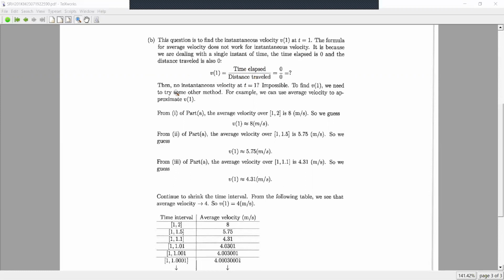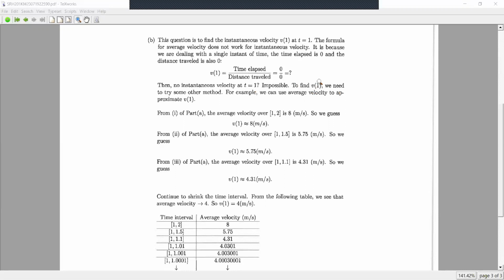Then some people may say that there is no instantaneous velocity at the time 1, but it is impossible. There is an instantaneous velocity at the time 1. The average velocity formula doesn't work, but that doesn't mean there is no instantaneous velocity.